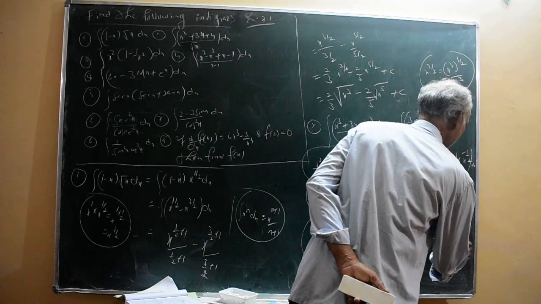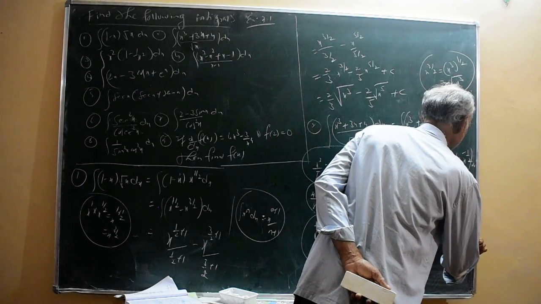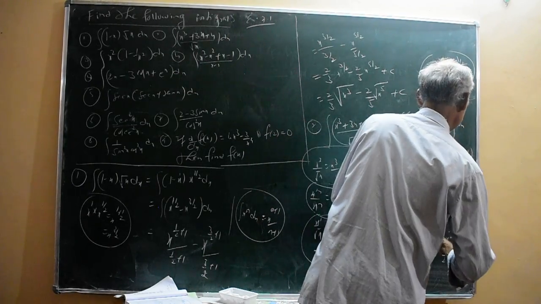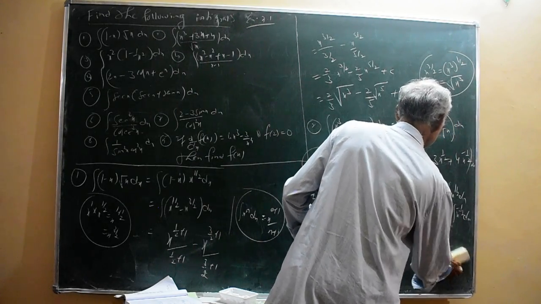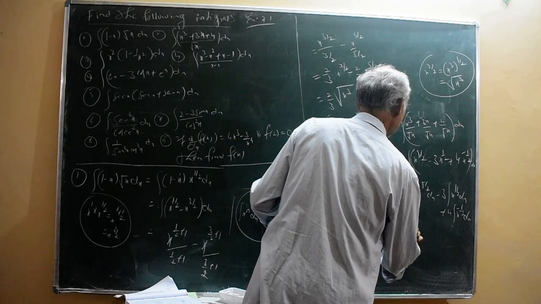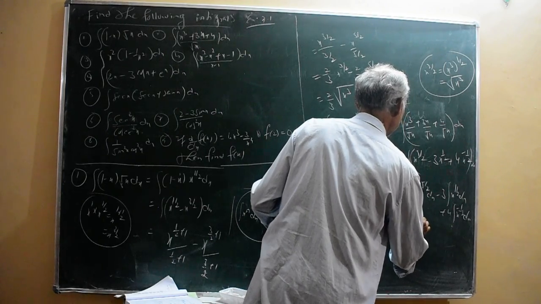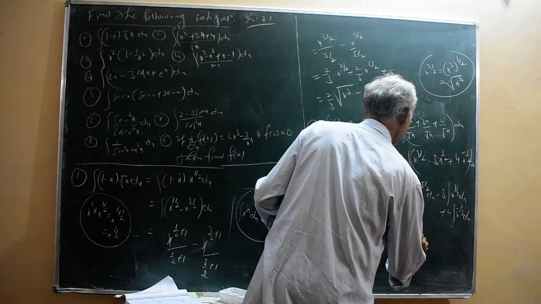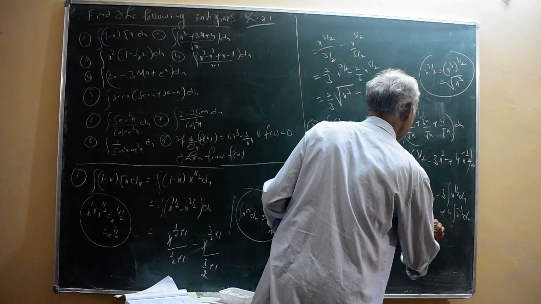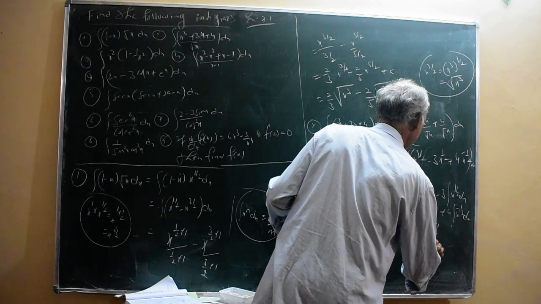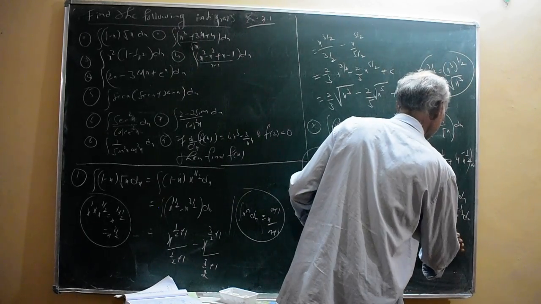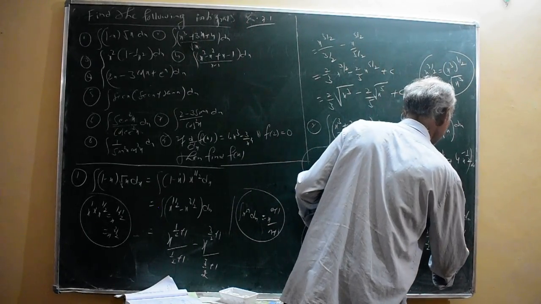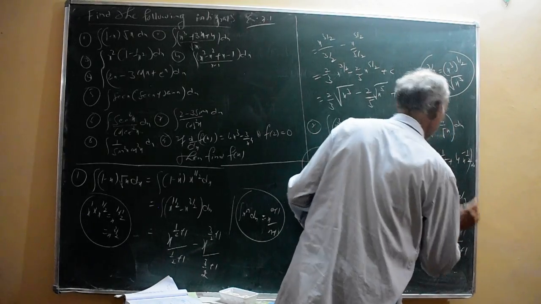Space is not sufficient, I will write it below. It equals x raised to 5 by 2 plus 1 upon 5 by 2 plus 1, minus 3 x raised to half plus 1 upon half plus 1, plus 4 into x raised to minus half plus 1 upon minus half plus 1.